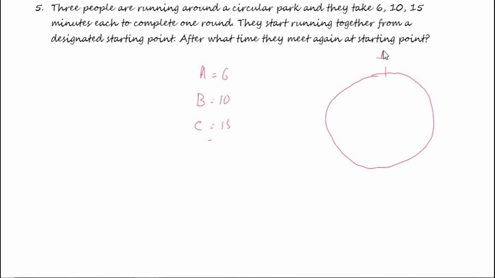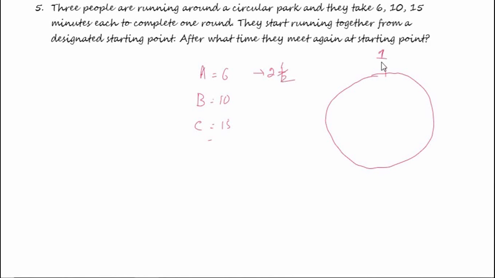That is round 1. By the time C completes 15 minutes, A, who completes a round in 6 minutes, would have finished 2 plus rounds. 2 rounds means 12 minutes, so in 15 minutes, 2.5 rounds he would have finished.